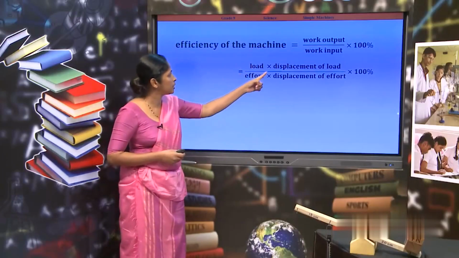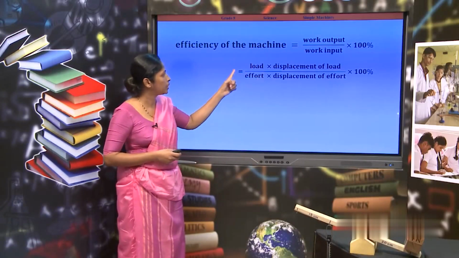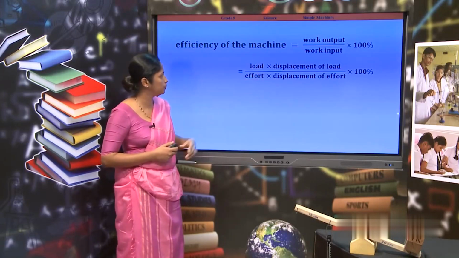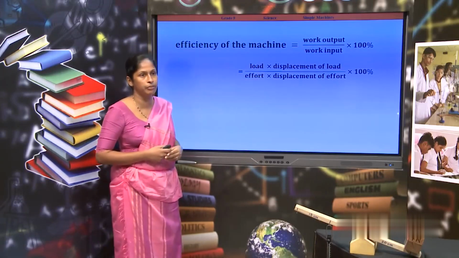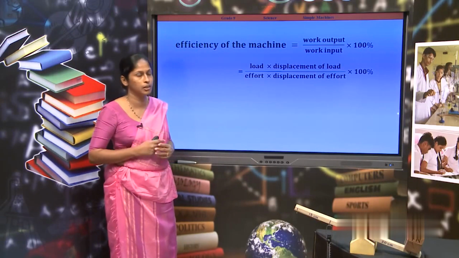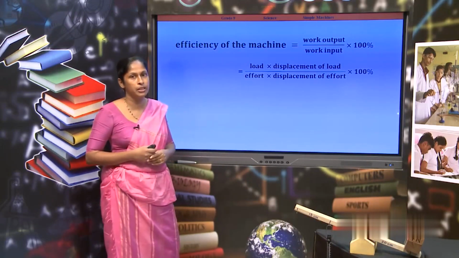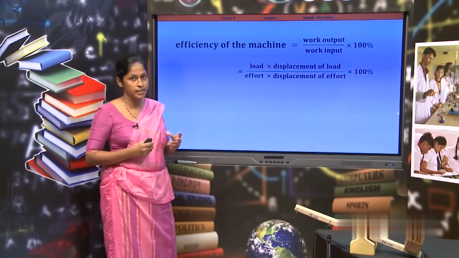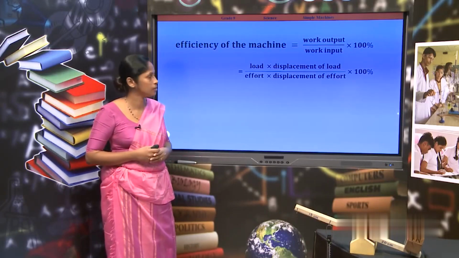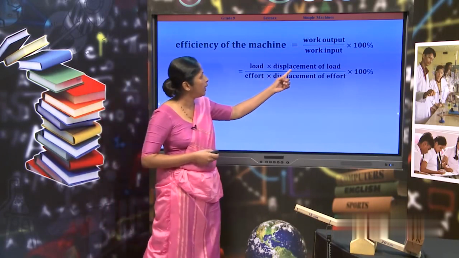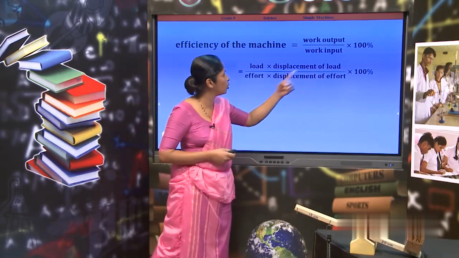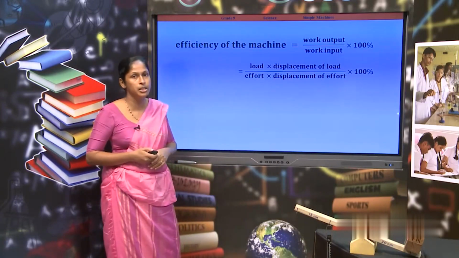Look at this term, this is much familiar to you, load divided by effort. I think you could remember load divided by effort, that is equal to mechanical advantage, and displacement of load divided by displacement of effort.